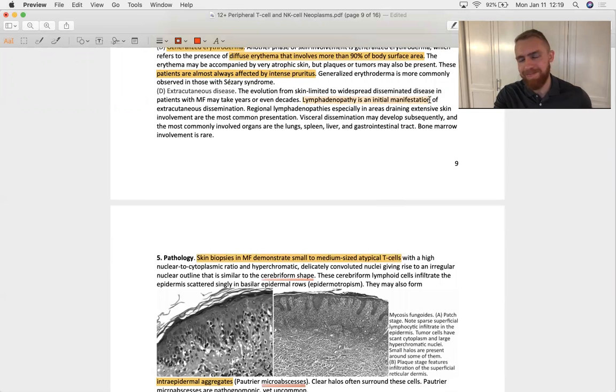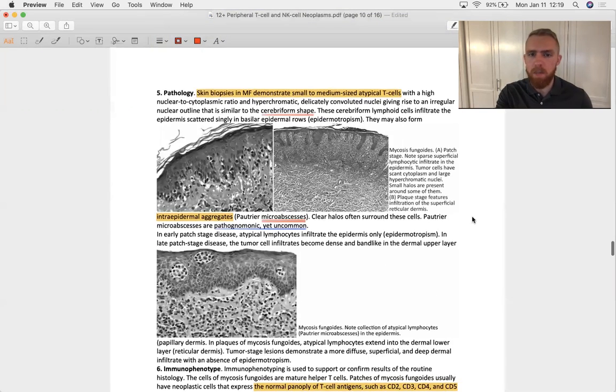Lymphadenopathy. Any lymphoma could present with lymphadenopathy. That's not saying much. Skin biopsies show medium to small atypical T cells with a cerebriform shape. Now, you're not going to see a cerebriform shape unless you are up on 40 times power. You have to have a high magnification to be picking out individual T cell shape.